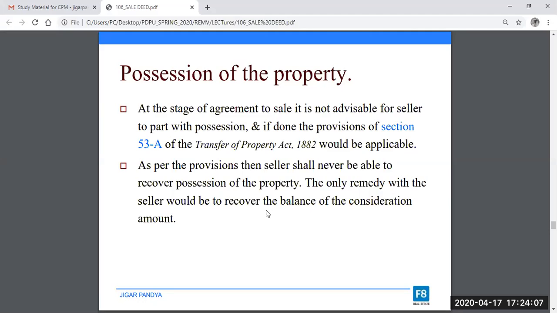The only recourse that a seller would have is to try and recover the balance money, and that too in a specified time. If the sale deed is stalled for some reason, if the payment does not come, it is very difficult, and the courts will take years to complete this sale because the possession is already given. And so this aspect is very important.